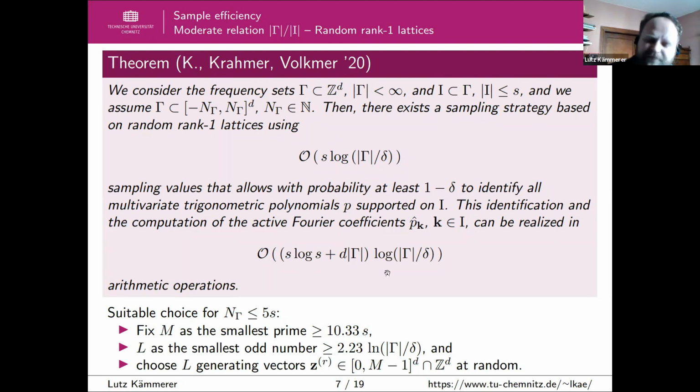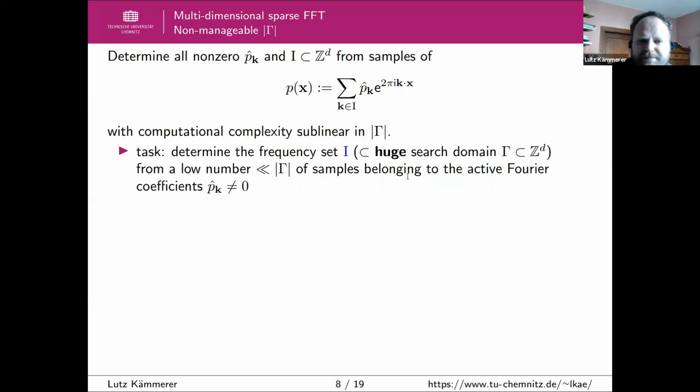But, and that's the point, there's a way out of this. So I called it here non-manageable gamma. If this gamma is really large, then you cannot manage this table, and you cannot manage the summation for each candidate, and so you have a problem. And so you need a computational complexity which is sublinear in this cardinality, right?